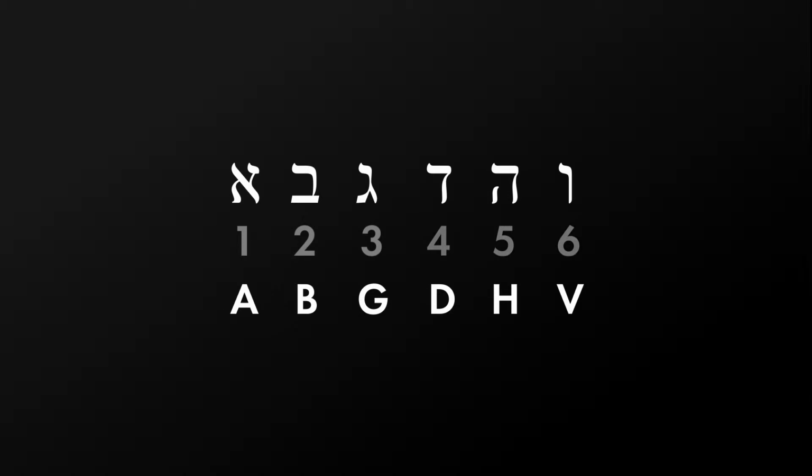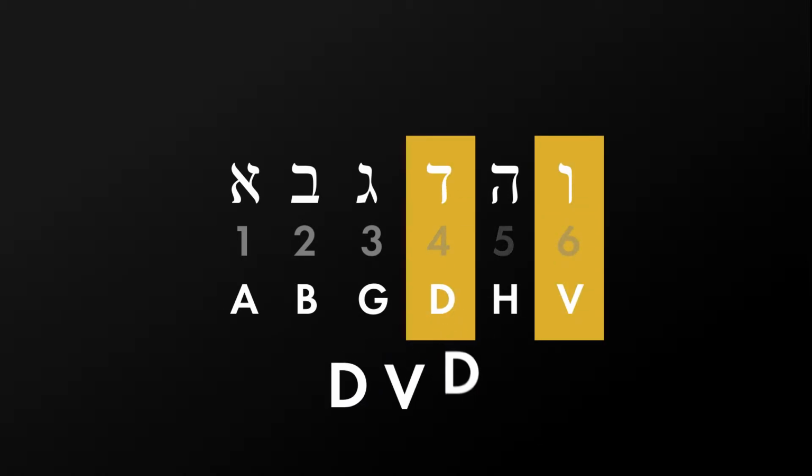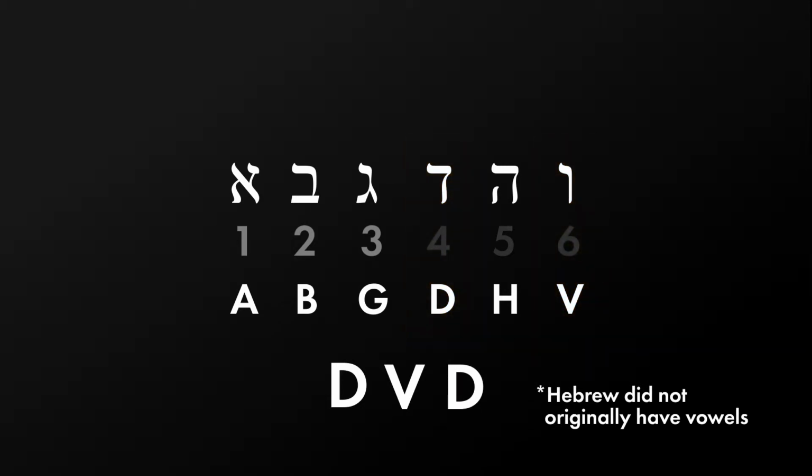For instance, A would be 1, B would be 2, and so on and so forth. David's name in Hebrew has 3 letters: Dalet, Vav, Dalet. And if you add those up, it's 14. So the numerical value of David's name is 14.